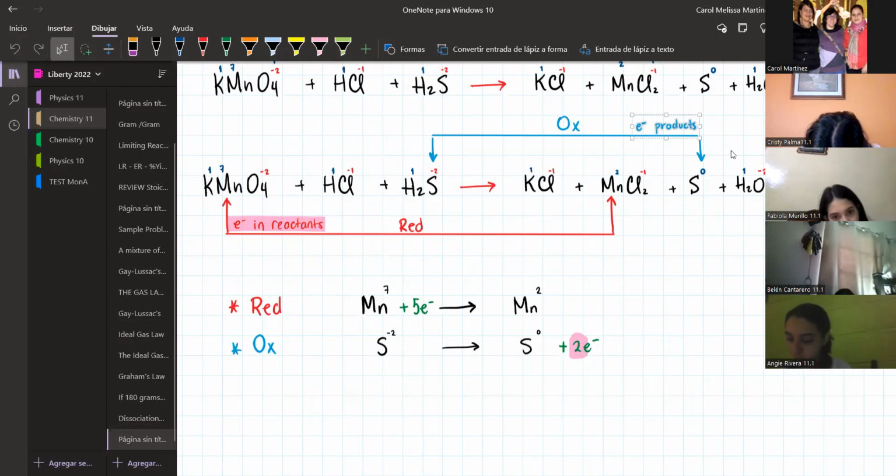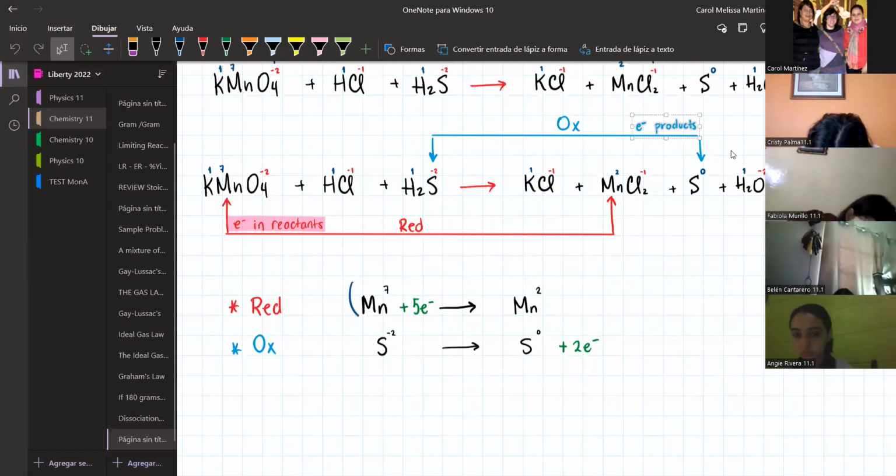What do I do after? I need my electrons to be the same. In this case, they're not the same. And remember that in chemistry, I'm not going to multiply times 2.5 because 2.5 as a coefficient doesn't look right, okay? So we're going to use whole numbers. There's no way that I can multiply 2 by a whole number and get 5. So what I'm going to do is cross multiply.